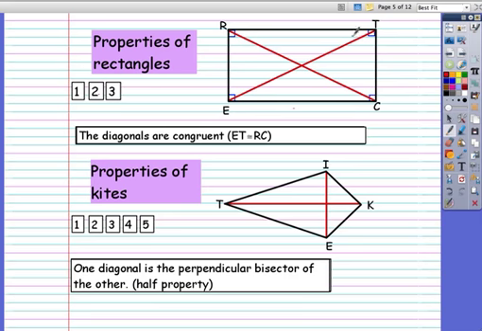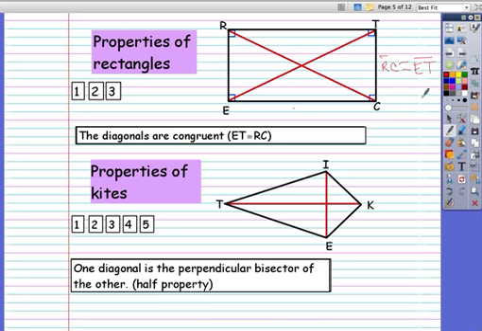Additionally, the diagonals now are congruent. So I have the diagonal RC, so segment RC is congruent to segment ET. Each one of these segments is the same length.